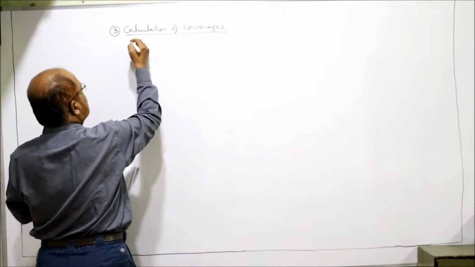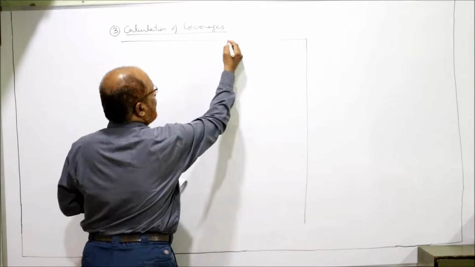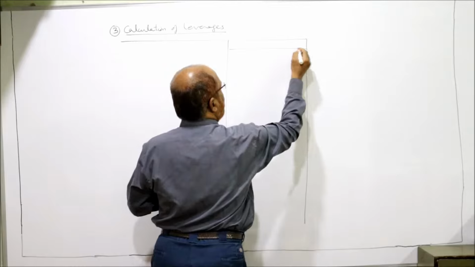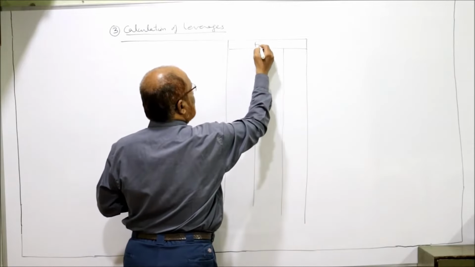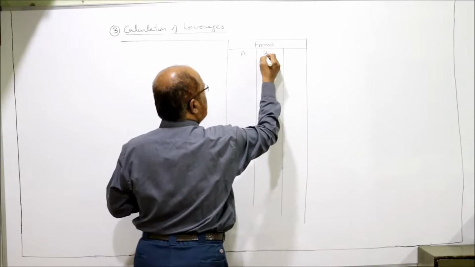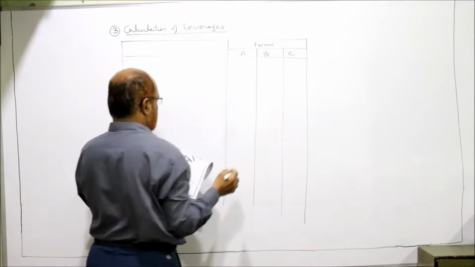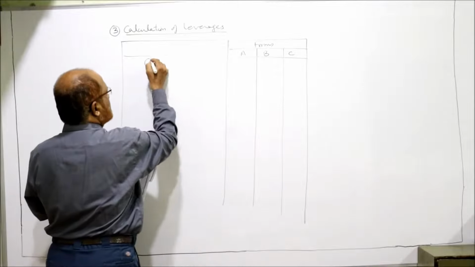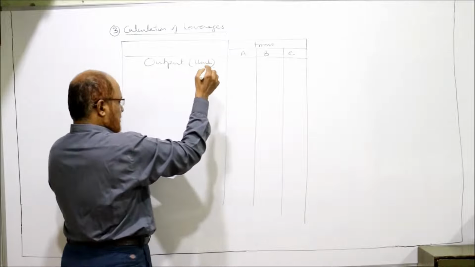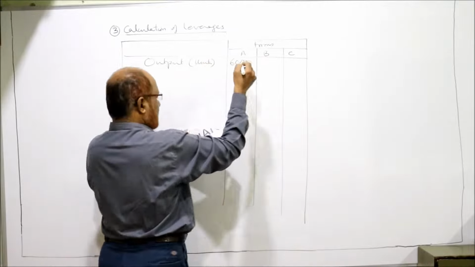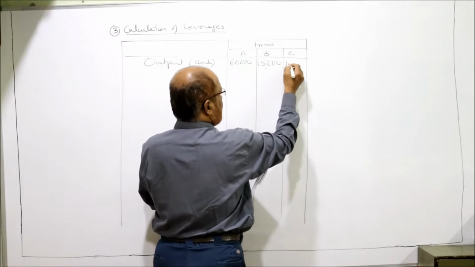Calculation of leverages. Firms A, B, C. Here the output is given. Output in units is given: 60,000, then 15,000, next one is 1 lakh.